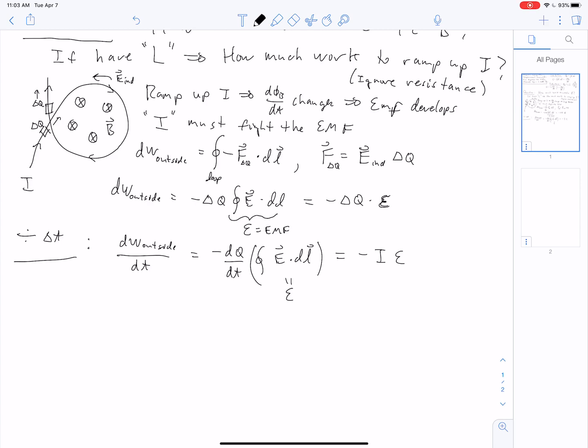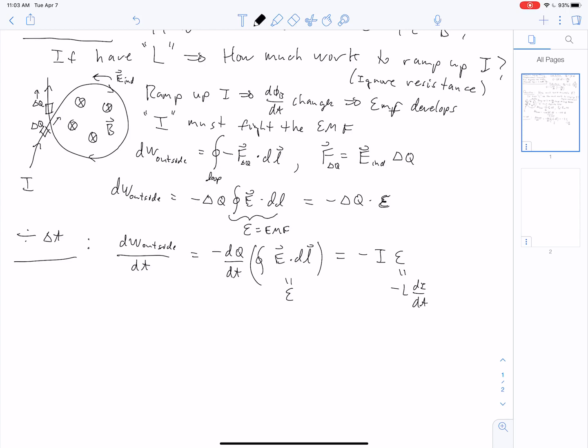Now, on the other hand, we can write the EMF as negative L di dt.